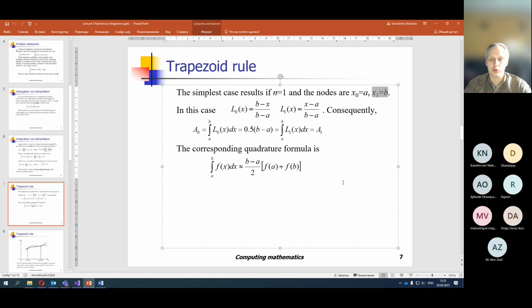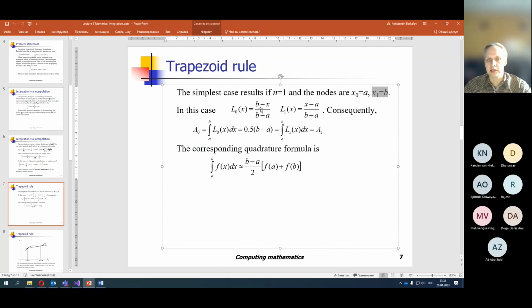If we have two nodes, we can find a line that passes through these points. This line is a graphical interpretation of the linear polynomial, and the auxiliary polynomials L0 of x and L1 of x that we used to find this line are written here.